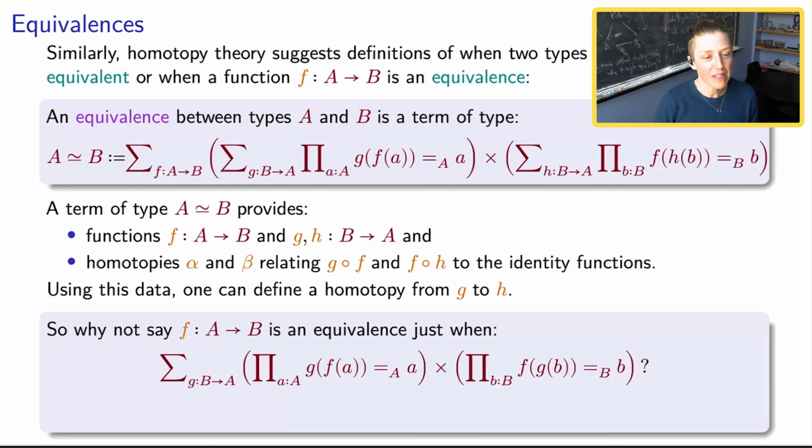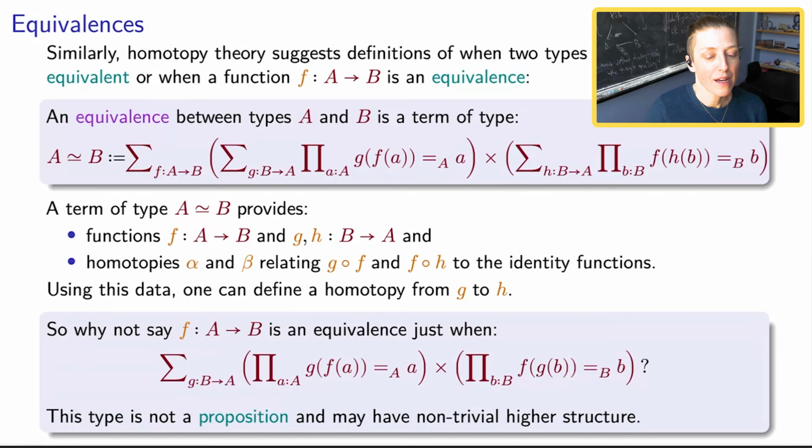And these two definitions are what's called logically equivalent, meaning that if you have a term of the first type, then you get a term of the second type, and if you have a term of the second type, you get a term of the first type. So that's the notion of logical equivalence. But this second type is not a proposition. It might have non-trivial higher dimensional structure.